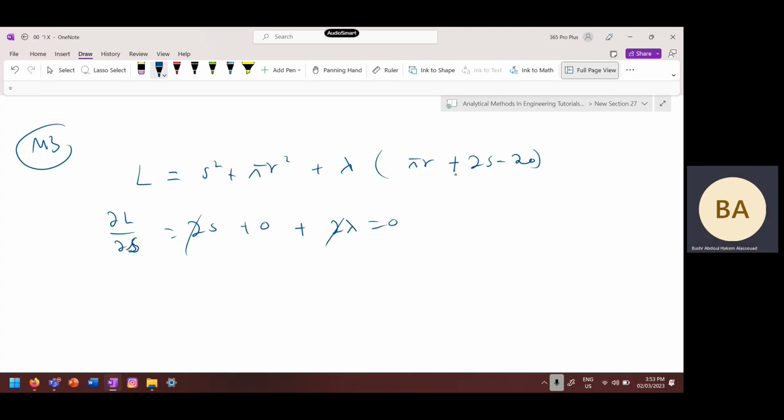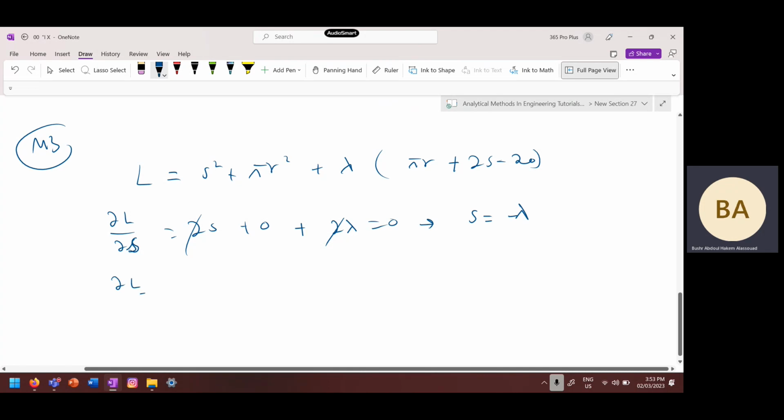Just making sure if my calculation is correct. We have a 2s here. 2s. Okay, it's correct. Then s is equal to negative lambda.